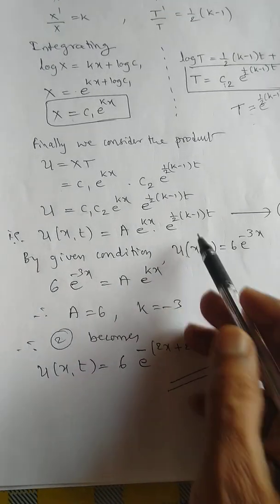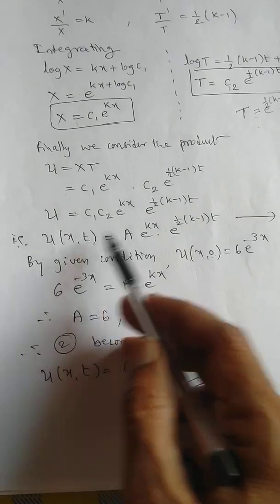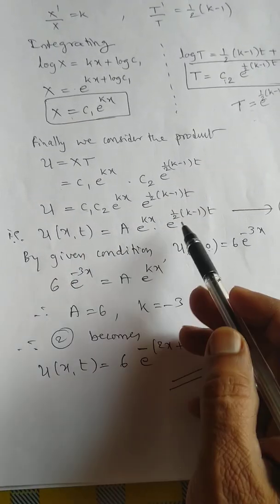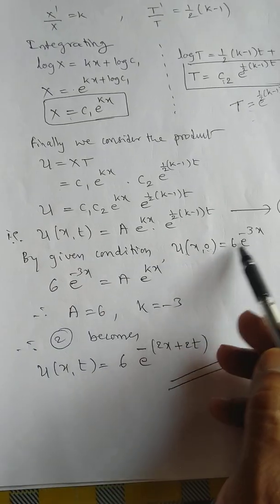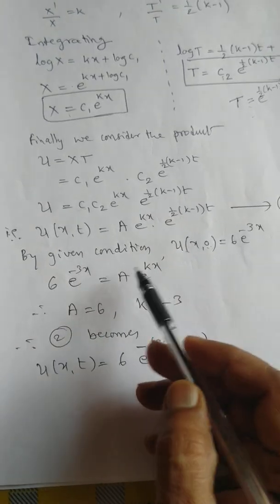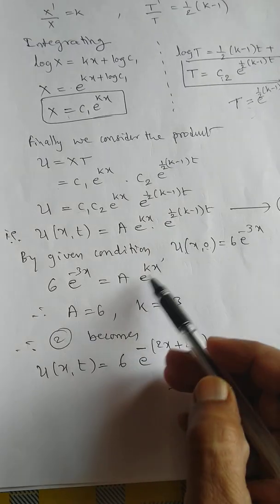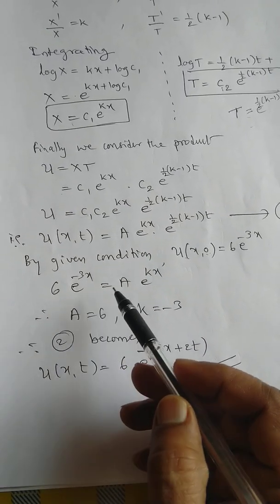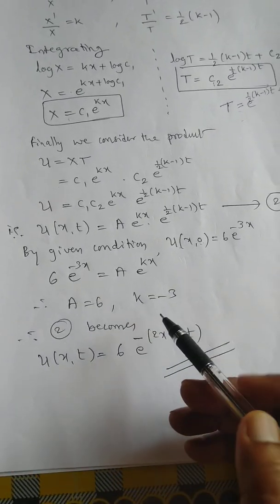With this condition, we put t equal to 0 on both sides. That means u(x,0) is equal to 6 e raised to minus 3x, and A e raised to kx, putting t equal to 0, e raised to 0 is 1. By comparing the coefficients, A is equal to 6 and k is equal to minus 3.